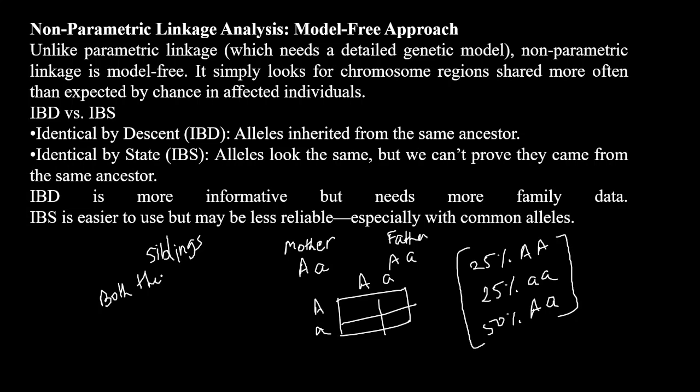Suppose both siblings have AA, or all four siblings have AA, it means 100% they are developing this AA. One allele they are getting from mother, and one allele from father. But it should be 25%. If it is more than this, then you can say that this particular locus of the chromosome is linked to the disease causing gene.